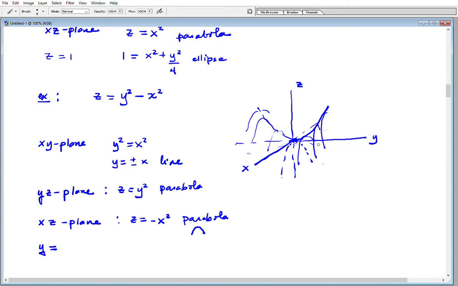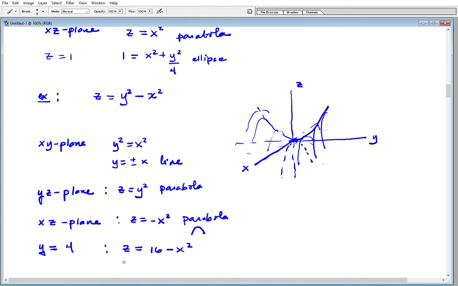All right, so let's take one of them. Let me just think what I should make y equal to. We'll do something positive. Let's make y equal to, let's say, 4. Then we have z equal to 16 minus x squared.